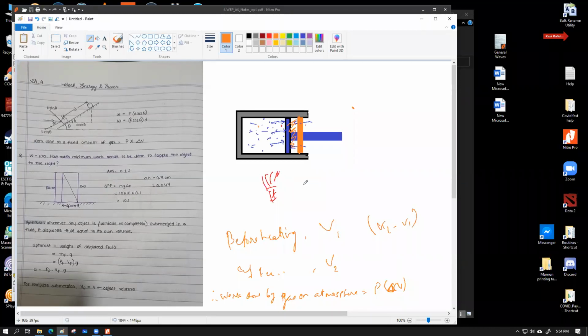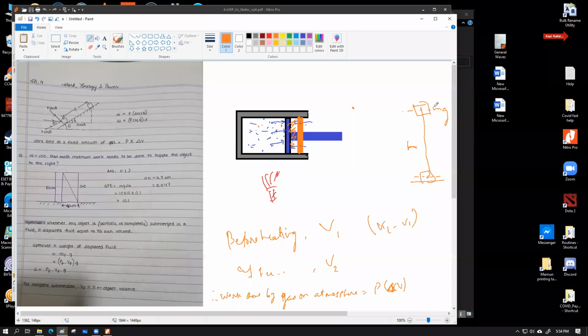For example, if an object is located at a certain level like this, and if we lift up the object by a certain height h, where the mass of the object was m, so the gravity would be mg. In that case, we have to exert at least an equal amount of mg force onto the object upwards to balance out this weight and lift up the object by h height and eventually reach the new position.